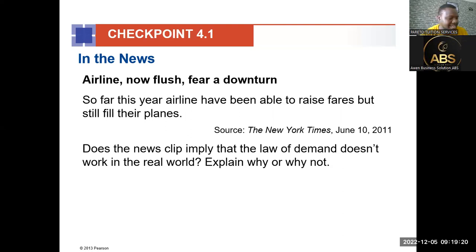But then the explanation is that, see, when we are defining the law of demand, we hold all the other factors constant. But it's possible that when we come to the real world, things are not constant. So yes, they've increased the price of their service. What if there's an increase in the income of the consumer?